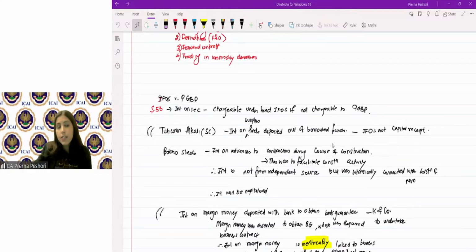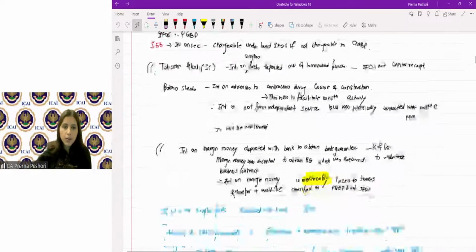No, Geeta, this will not be income from other sources. So you can just write it over here itself.